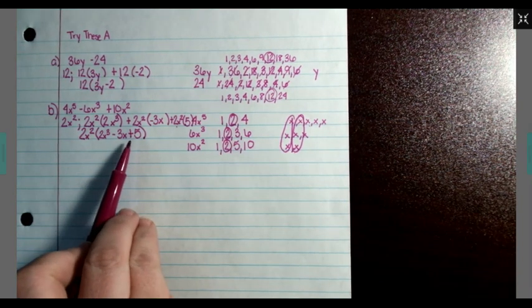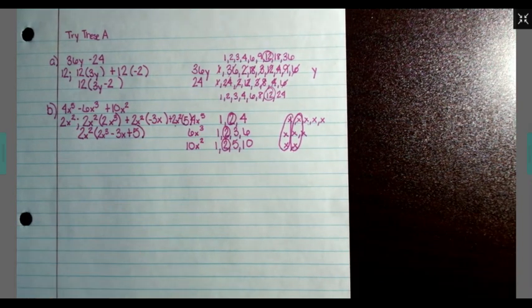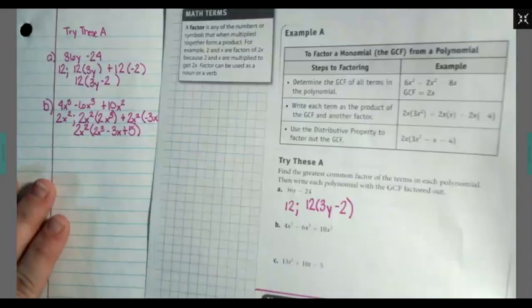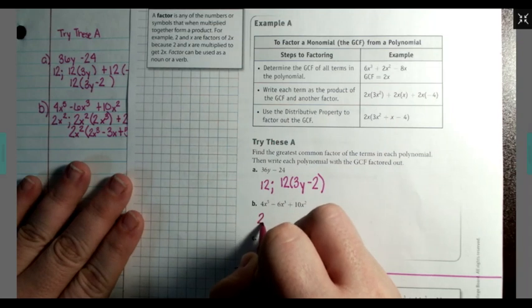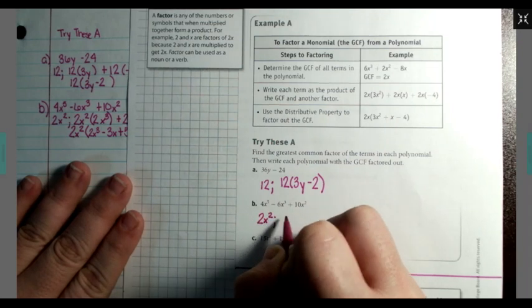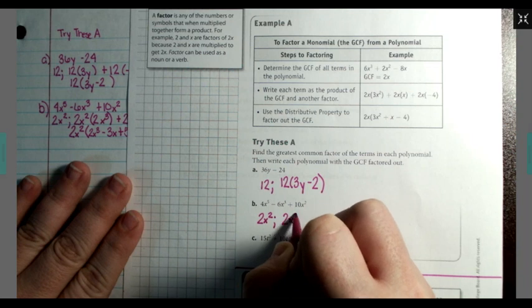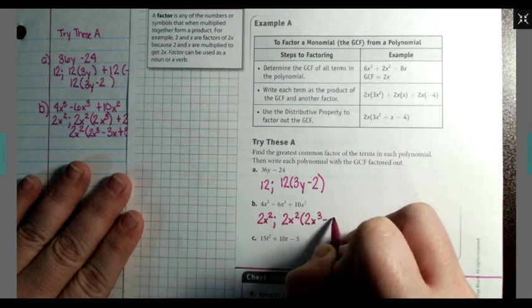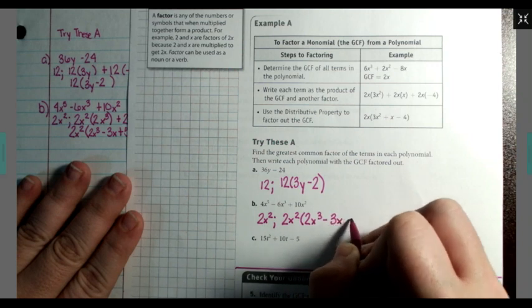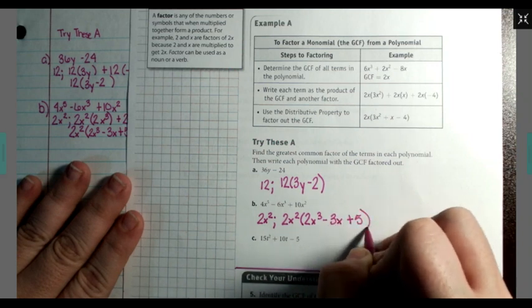Notice whenever I put these back together, I am putting signs back in there. So if it was positive, you need to put that plus sign in there. So my GCF is 2x squared, and this would be written as 2x squared times 2x cubed minus 3x plus 5.